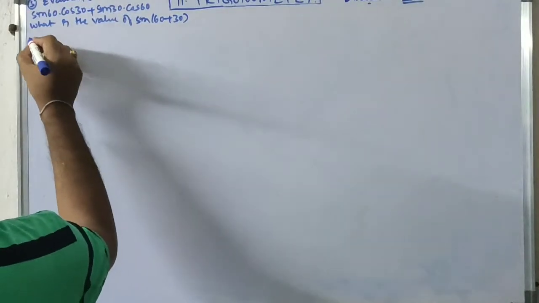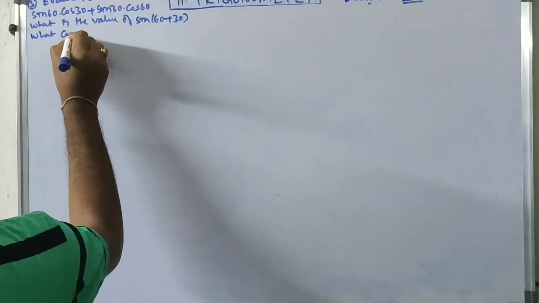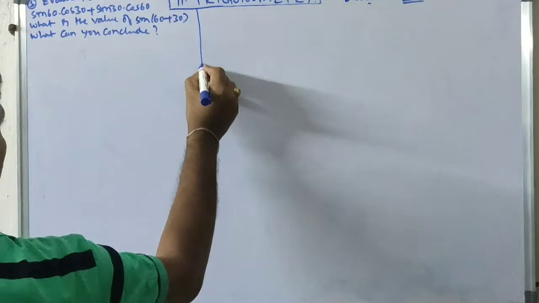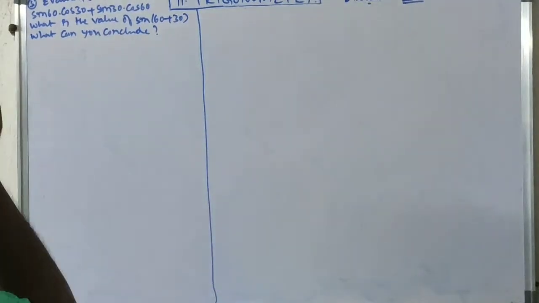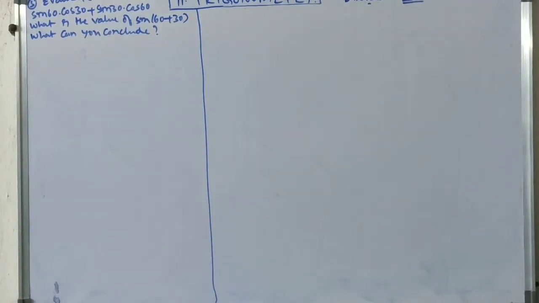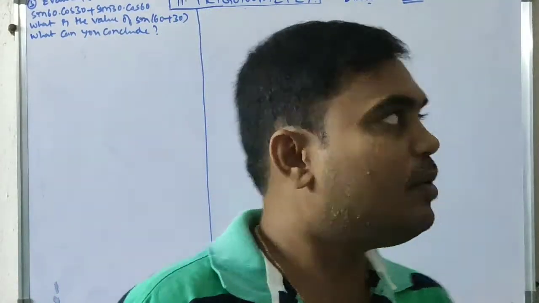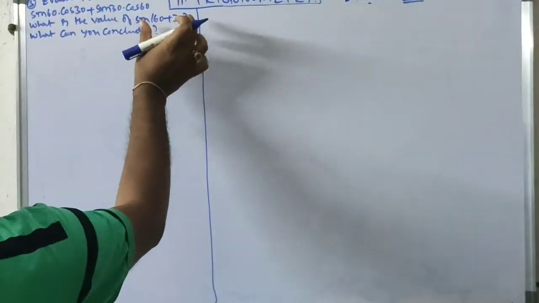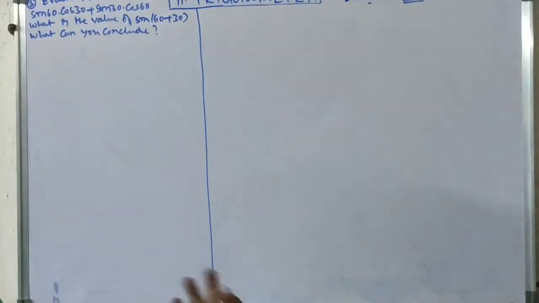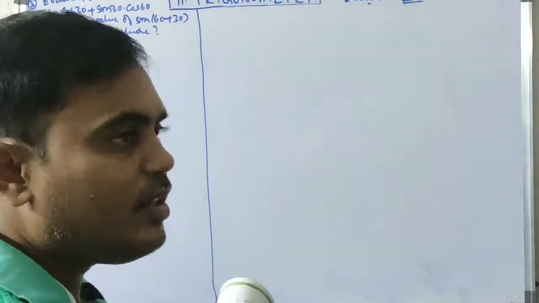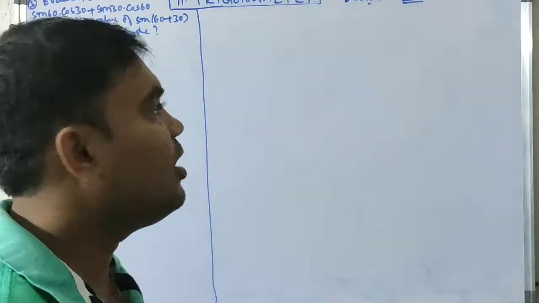What can you conclude? Okay, so evaluate sin 60 cos 30 plus sin 30 cos 60. We need to simplify this one and simplify this one also, whether these are equal or not. If these are equal, we can conclude that those two expressions are equal. If it is not equal, the expressions are not equal.